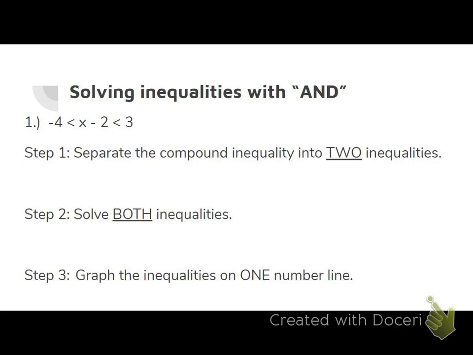Okay, so the first step is going to be to separate the compound inequality into two inequalities. To do that, for the first one, we're going to start at the beginning of it and go until right before we hit the second inequality symbol. And that's going to make one of our inequalities. So -4 is less than x minus 2. That's one of them.